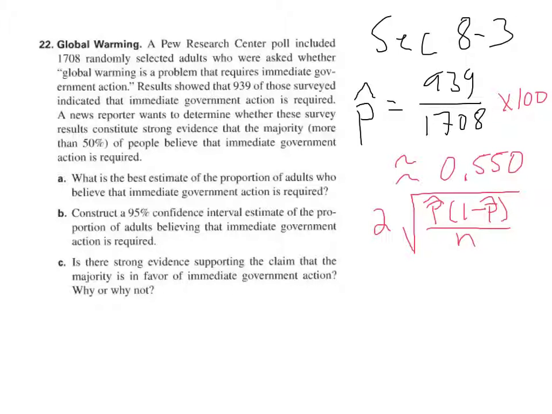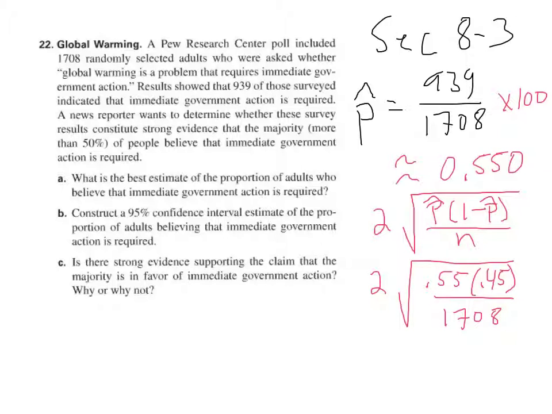So I'm going to substitute in these values: 2 times the square root of 0.55 times 1 minus 0.55, which is 0.45, divided by the sample size of 1708. I do the multiplication first, get that answer, divide it by 1708, then take the square root of that and double it.